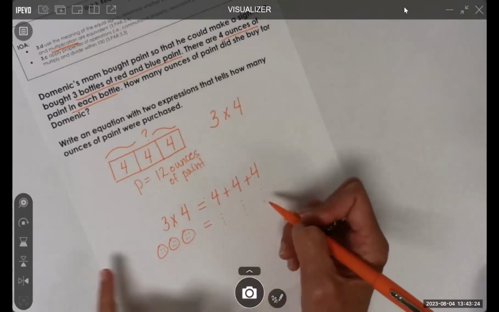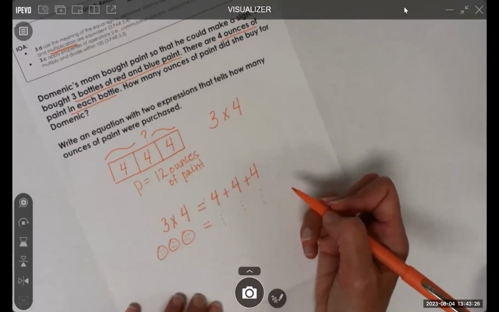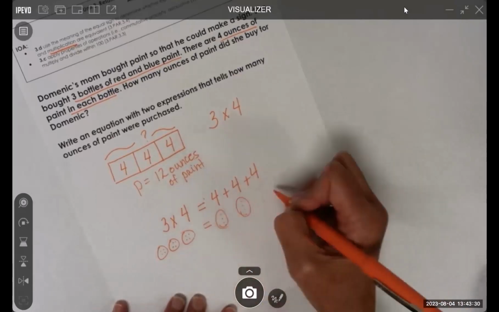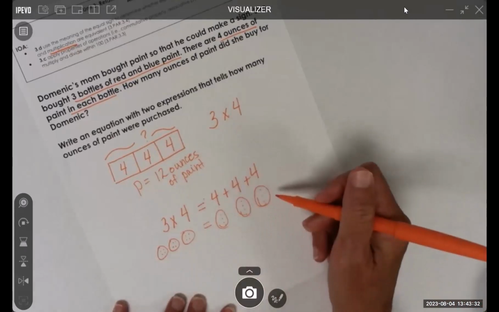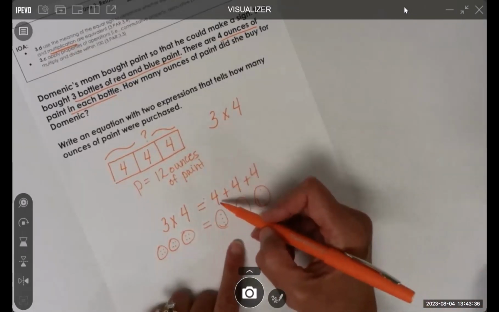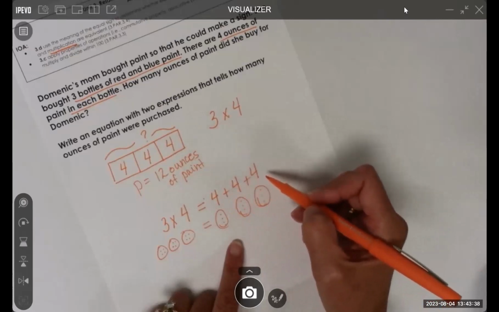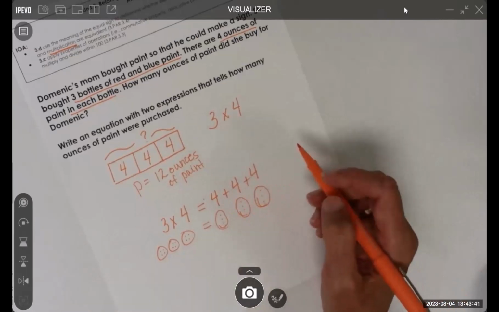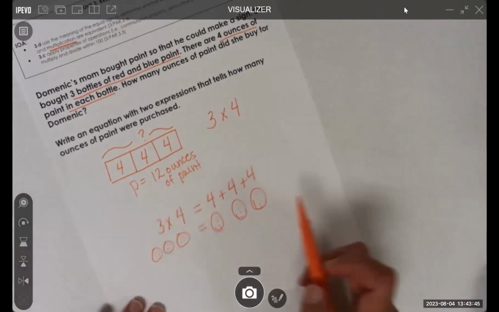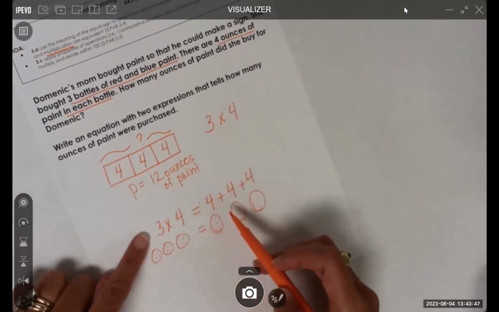Both expressions have a value of 12, all right? And if you need to, you can certainly group those because that further confirms 3 groups of 4 is the same as 4 plus 4 plus 4. All right. So far we have 2 expressions that are equivalent to each other.